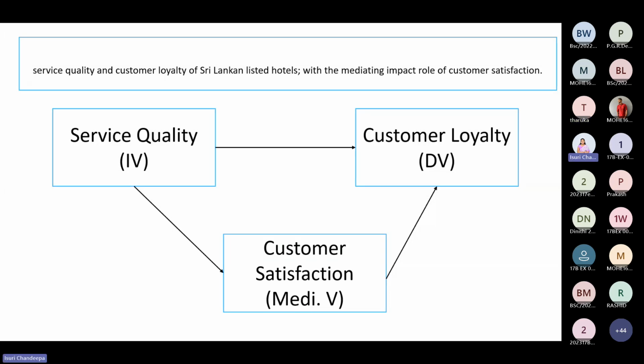The second question: what is the mediating impact of customer satisfaction in between service quality and the customer loyalty?